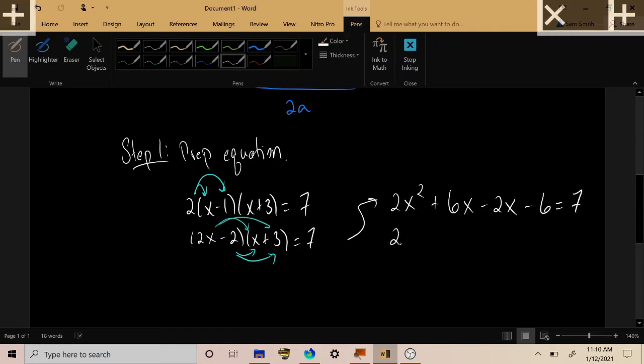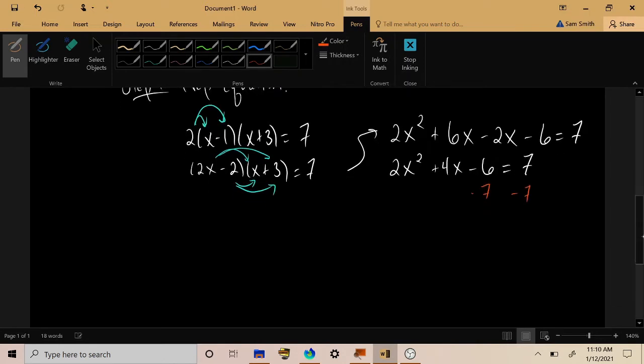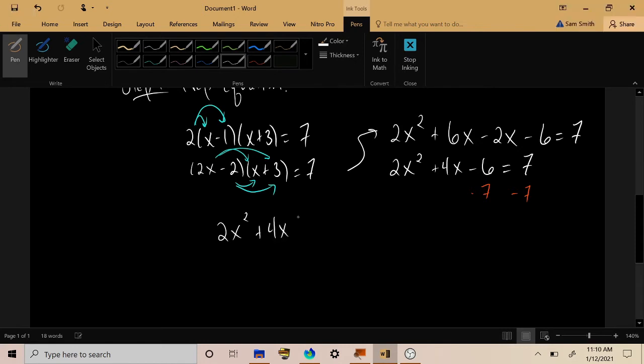So all in total, after combining like terms, 2x squared plus 4x minus 6 equals 7. But we need the right-hand side to equal 0. So the next thing I'm going to do is subtract 7 from both sides to give me the equation 2x squared plus 4x, and then minus 6 minus 7, in total negative 13.